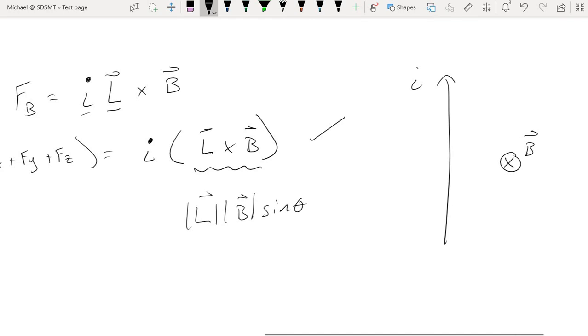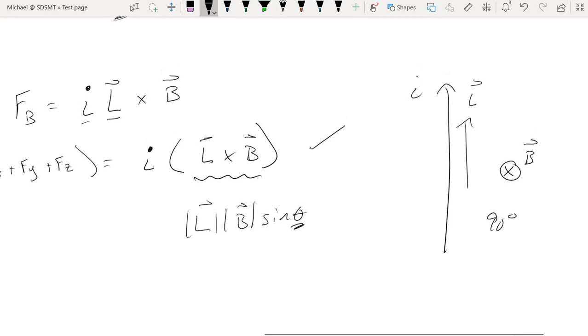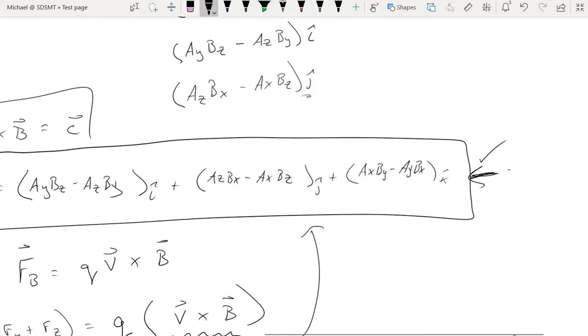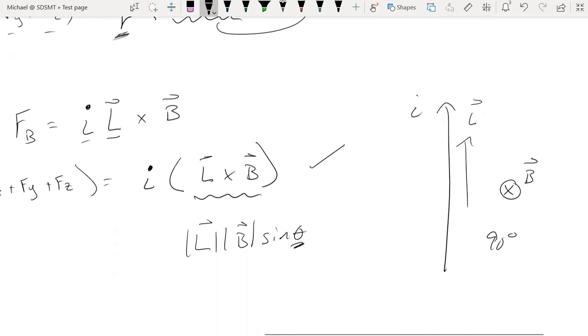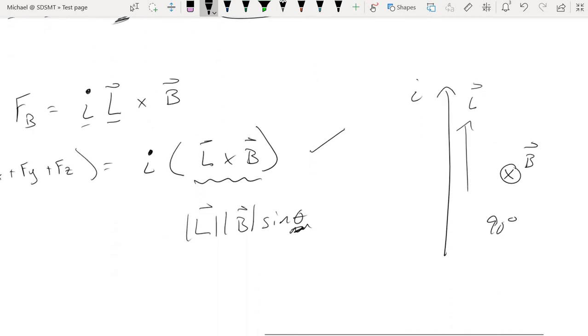If you have two vectors and you know what the angle relationship is between them, I mean, just look at this wire. L is pointing up, field is pointing into the board. That's a 90-degree relationship. Why would you ever want to go through this if you know what your angle relationship is?